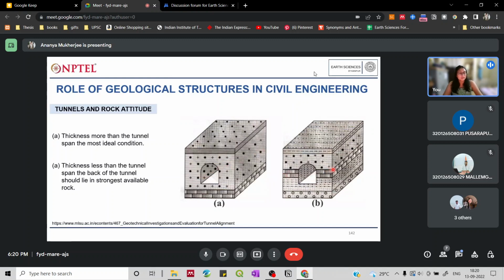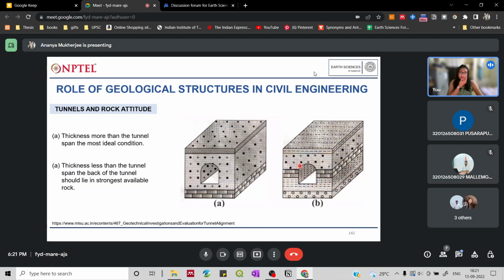But if you look at the B diagram, you can see that the tunnel is facing three different strata, three different rock beds. So then you will see that there is heterogeneity. But since the heterogeneity is along the sides of the tunnel, you can easily use lining and support this structure.